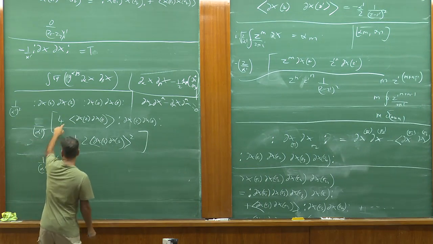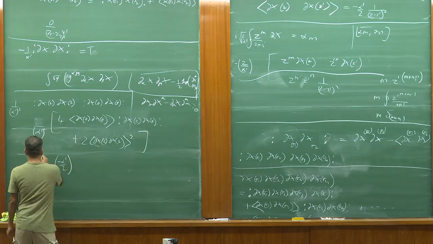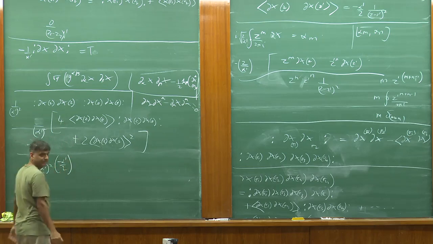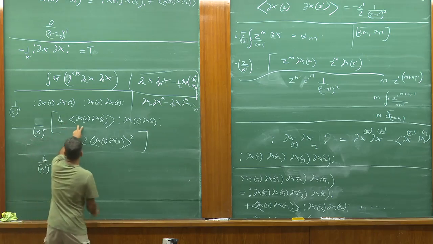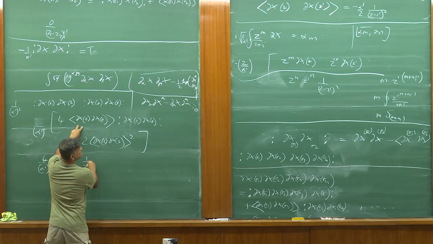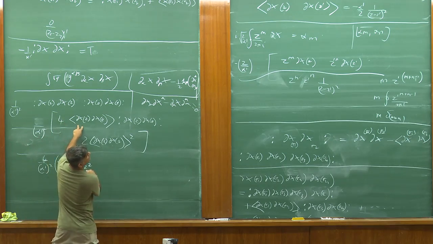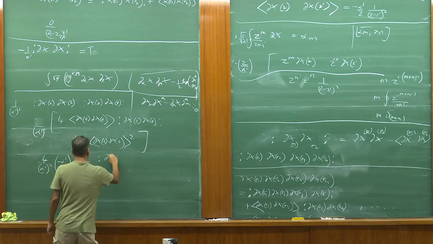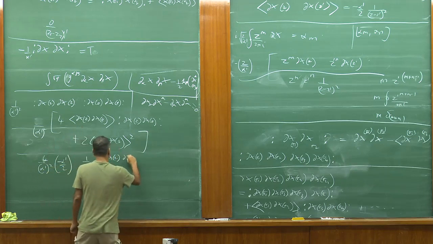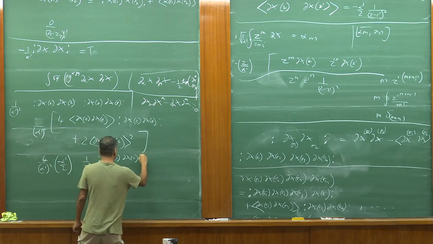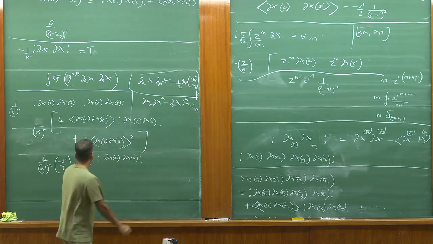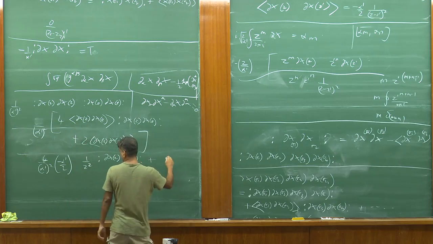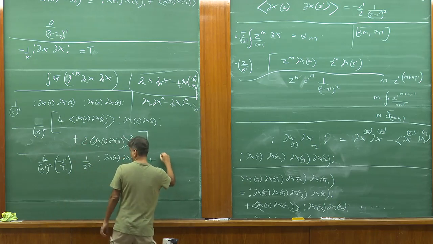And then this guy comes with a 4. So minus 4 alpha prime by 2 times 1 over z squared, right? Great. Times normal ordered del X of z, del X of 0. Plus 1 by alpha prime, the whole thing squared.